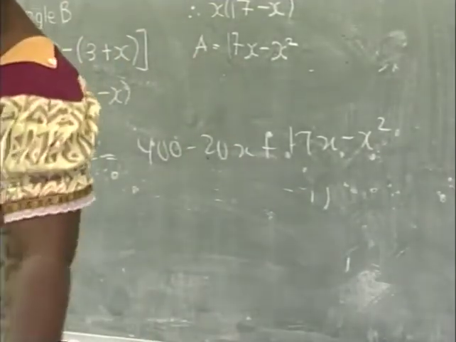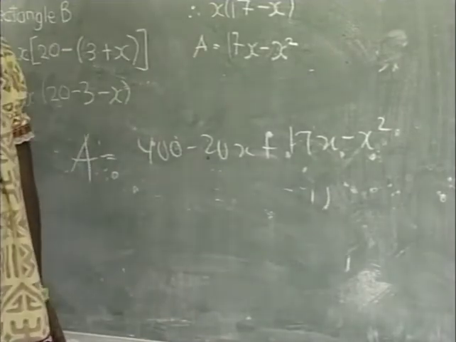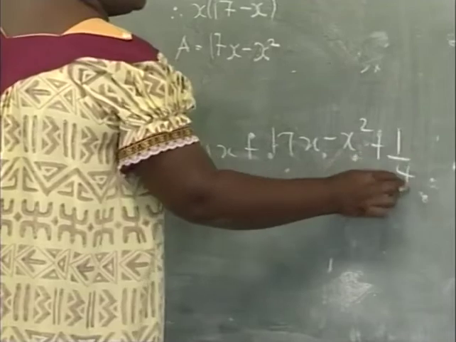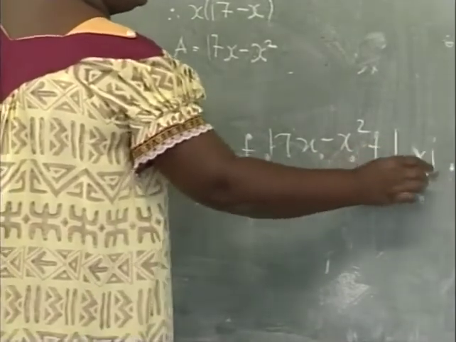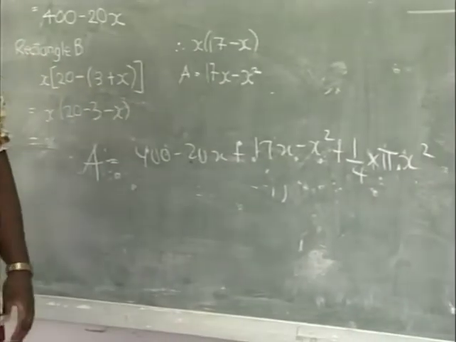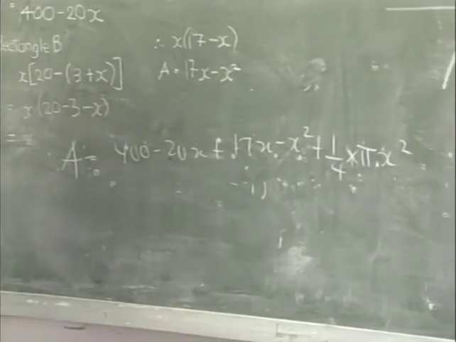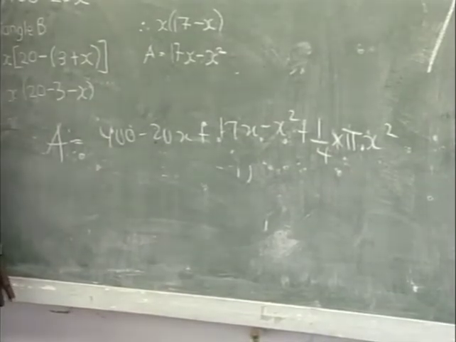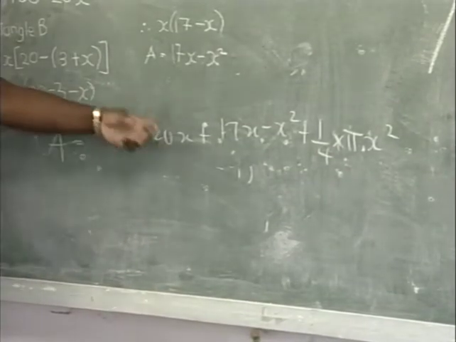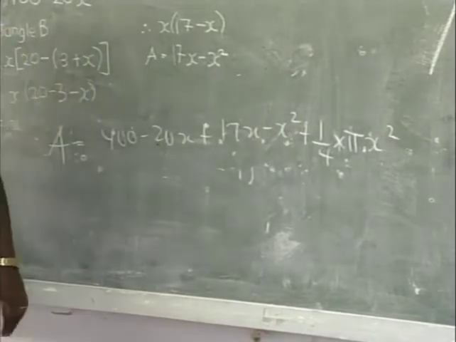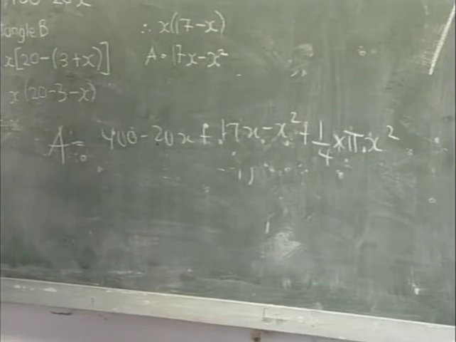You are told that it is a quarter of a circle. So 1/4 of pi r squared, r is x. So pi x squared over 4 is the area of the quarter of the circle. So the total area is 400 minus 20x plus 17x minus x squared plus 1/4 of pi x squared. That's the answer to number 3.